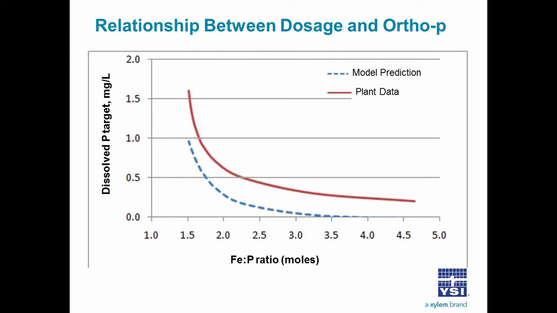The second line here is for plant data, and this plant data reflects possible inefficiencies in the system, for example, inefficient mixing of chemical with the water, and it displays an even greater proportion of metal needed to remove P. So looking at a limit of 1, for instance, mostly that P is adsorbed to the surface of these HMO precipitates, and you get relatively lower sludge production and alkalinity consumption.